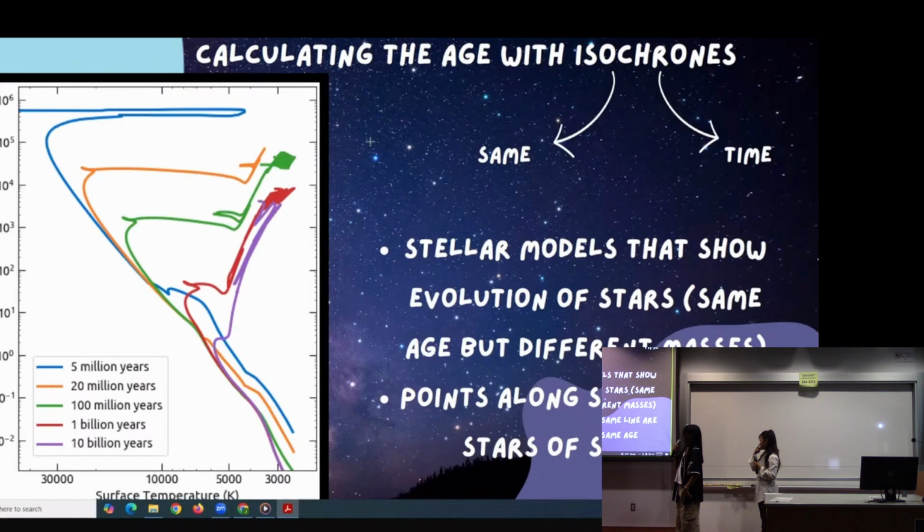Basically, the 5 million years line kind of just tells us how long the star is going to live during different time periods.